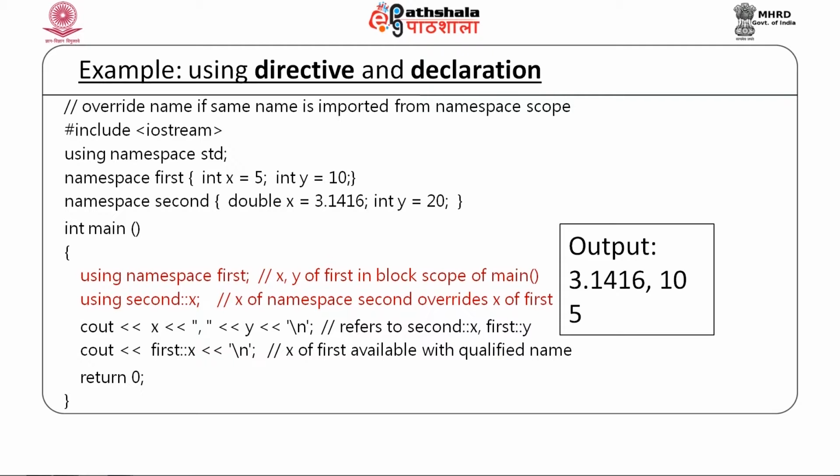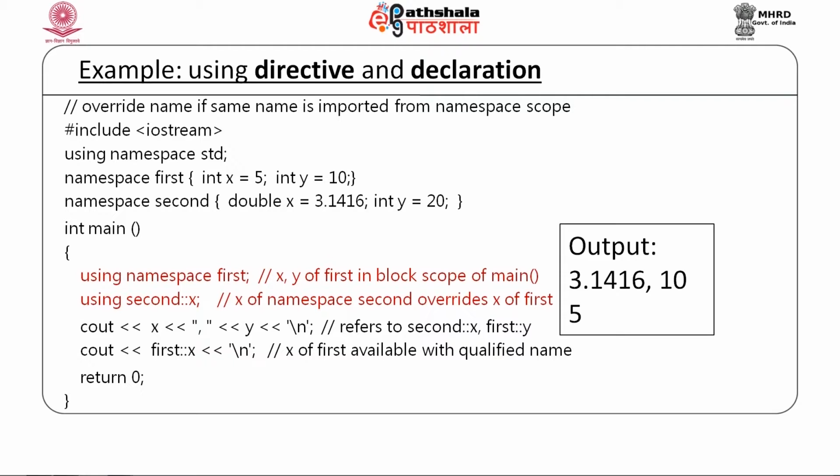So, here within the block we have x of first, y of first, and thereafter we are saying x of second. The compiler will not give any error, but in this case it will simply override the previous definition of x, that means it will override the x of first.